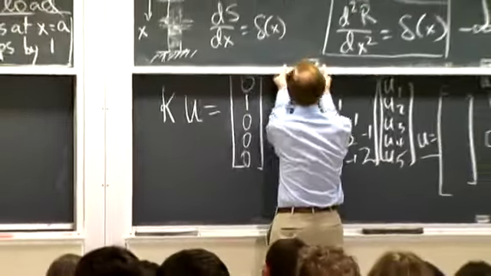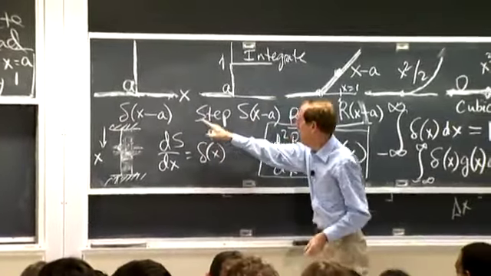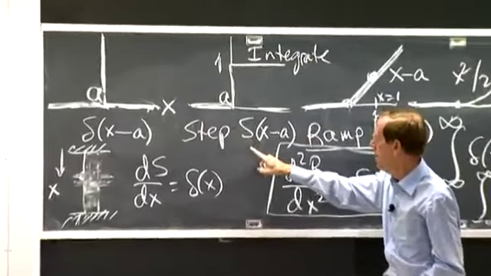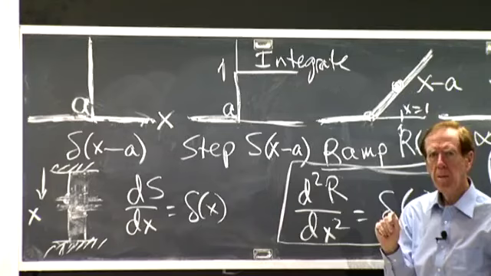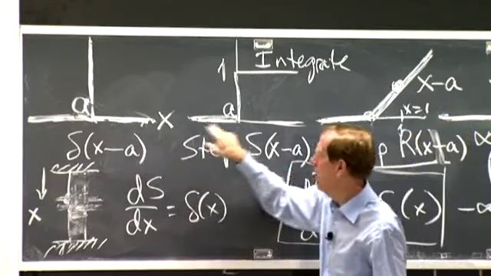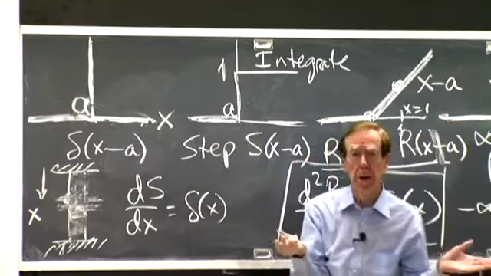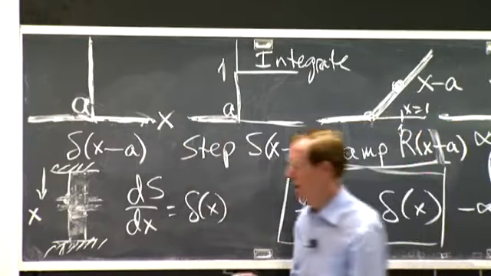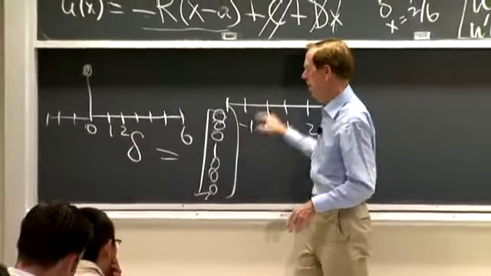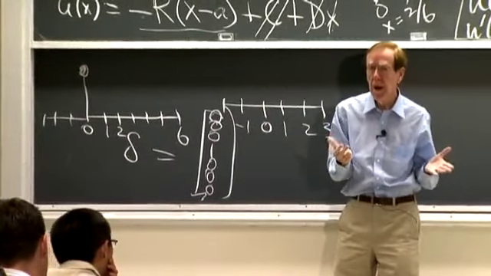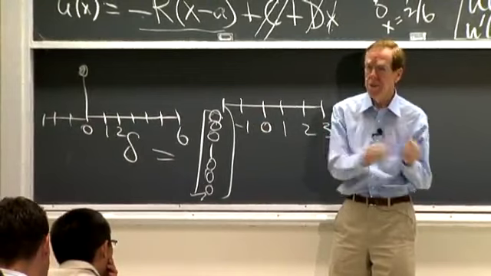What did I draw second over here? The step. Now, why did I draw a step function? How did I get from here to here? I integrated. I took the integral. Okay, so how will I get from here to this picture? I don't integrate, I add, sum.